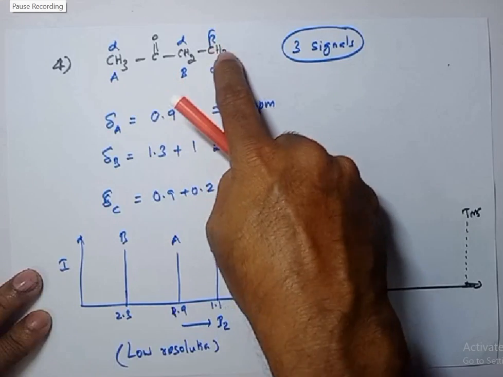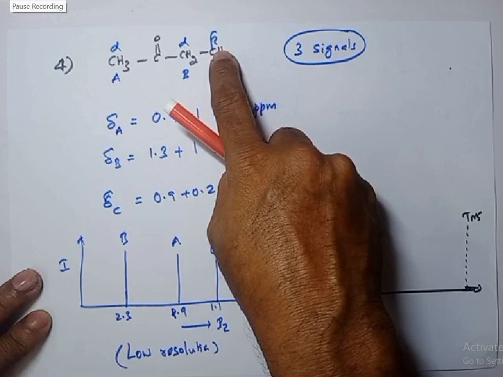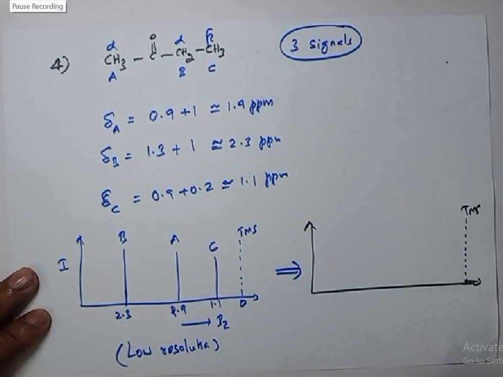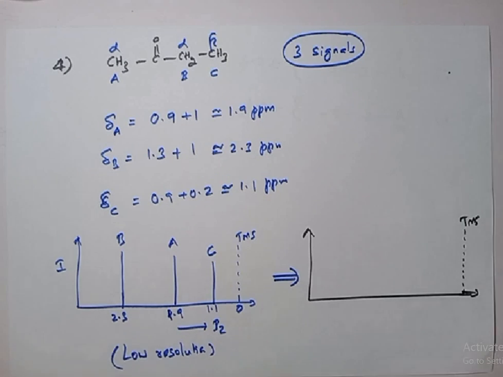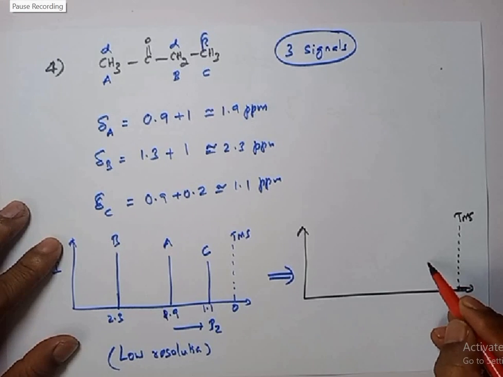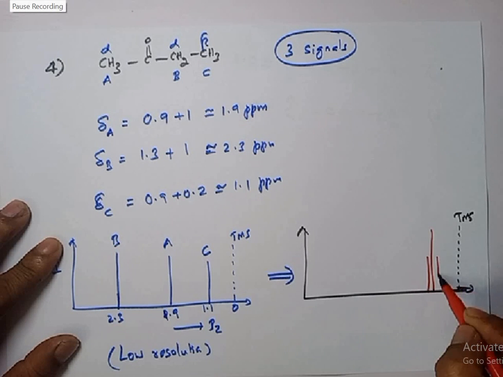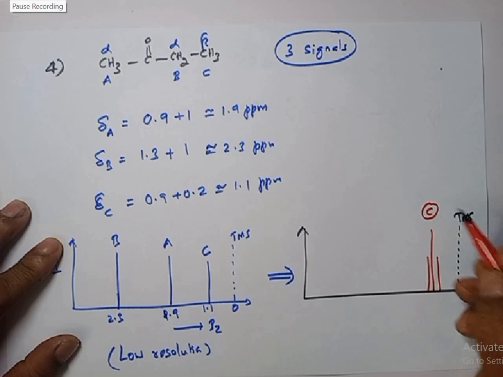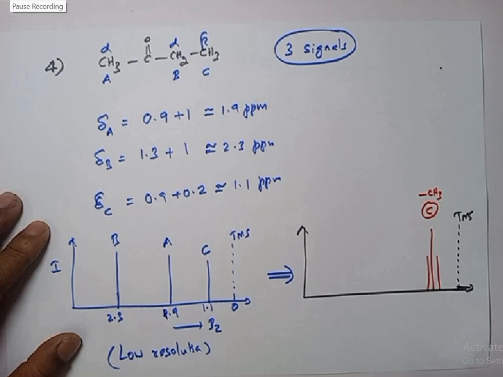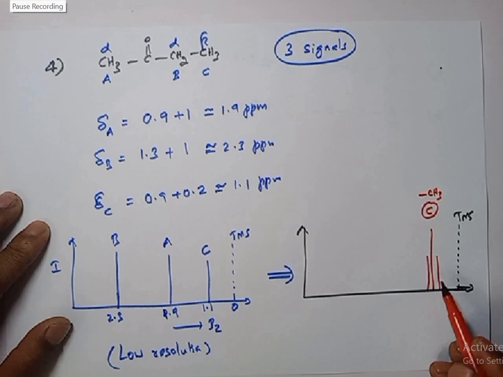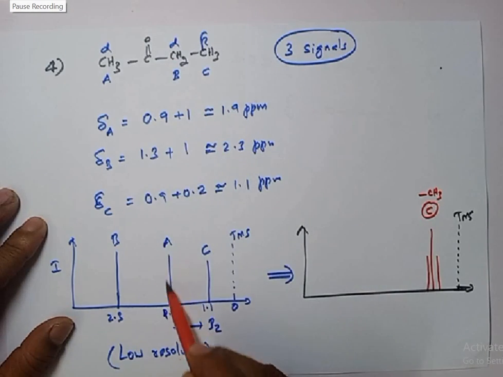So the C proton signal, the methyl signal, is split into a triplet. Is this clear to all? The signal due to the C proton is split into a triplet in the ratio 1:2:1. Then the next one, the A proton.